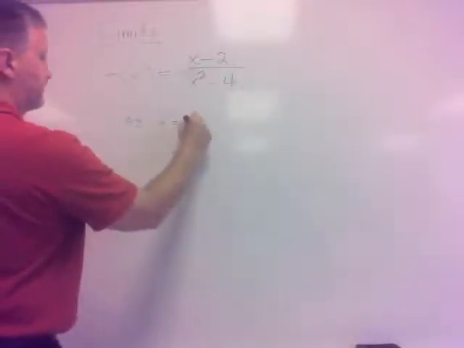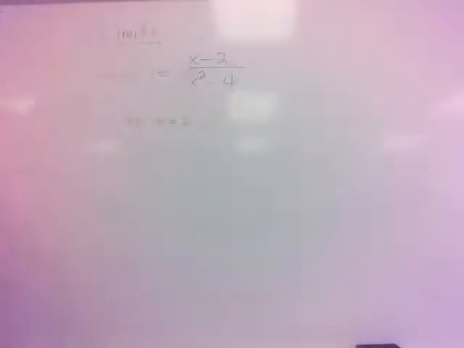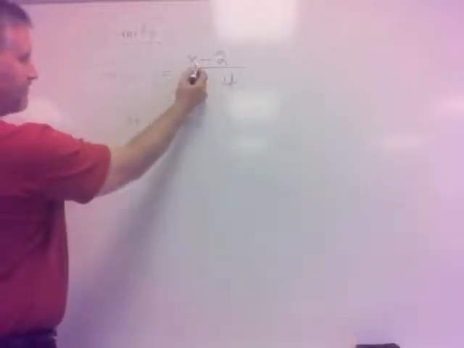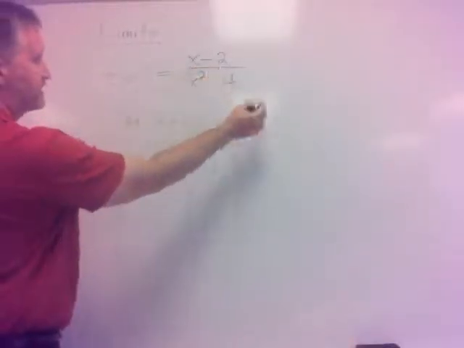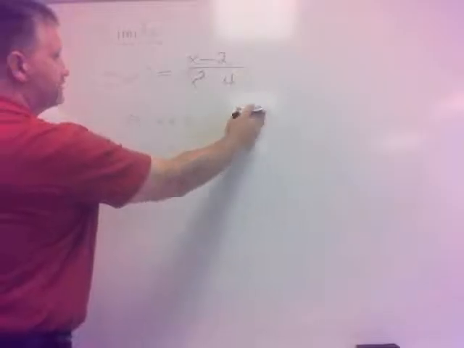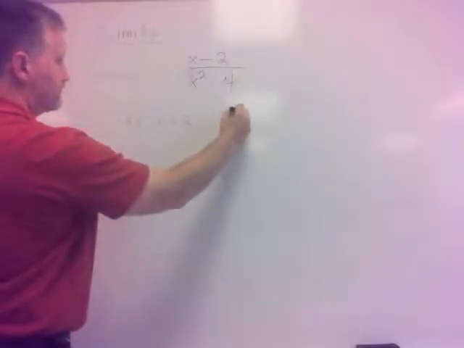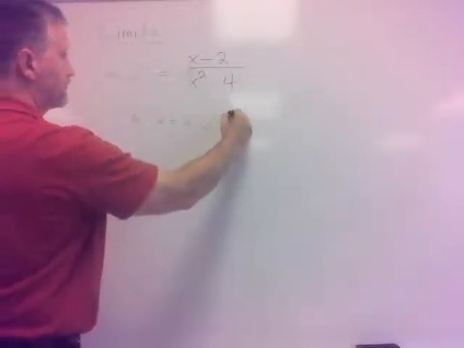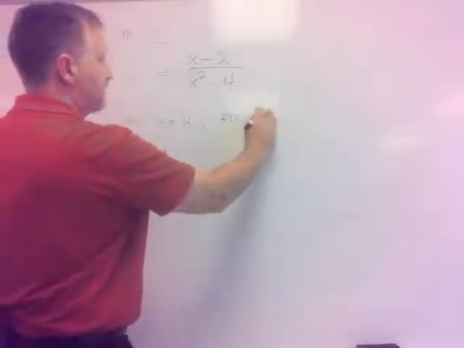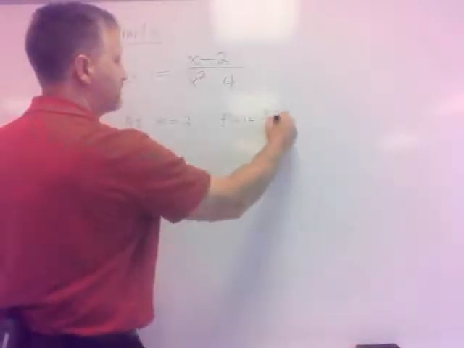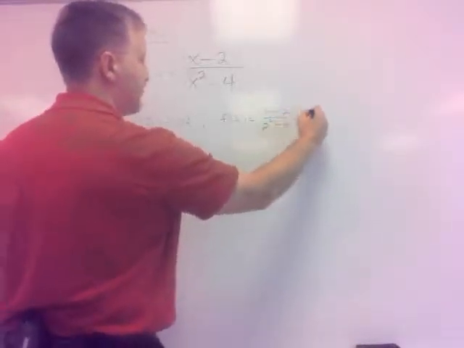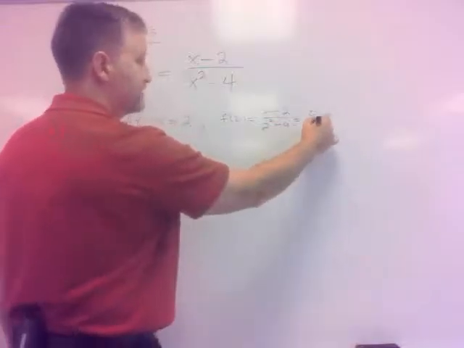What would you get? Well, if I plug in x to be 2 there, I get 2 minus 2, that's 0. 2 minus 2 over 2 squared minus 4, let's just go ahead and write it out, 0 over 0.